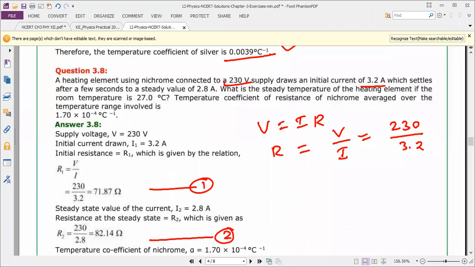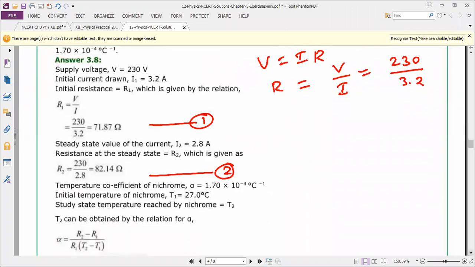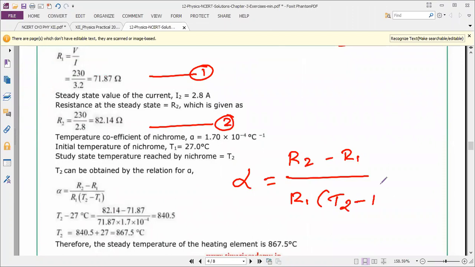And we know very well our alpha formula: alpha equal to R2 minus R1 divided by R1 into T2 minus T1.